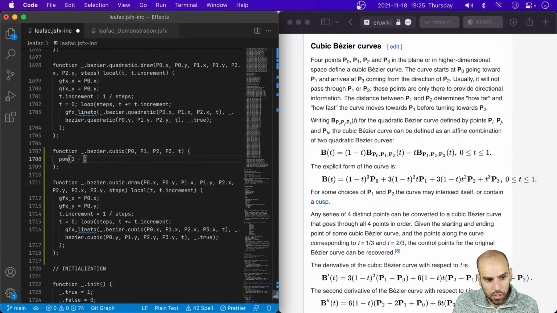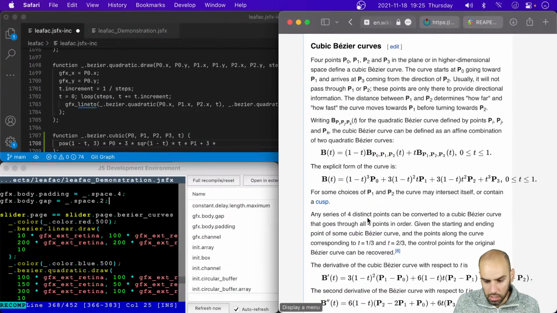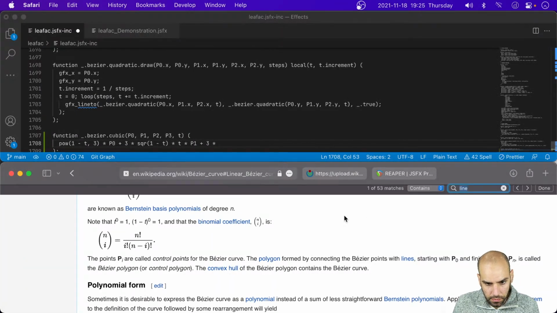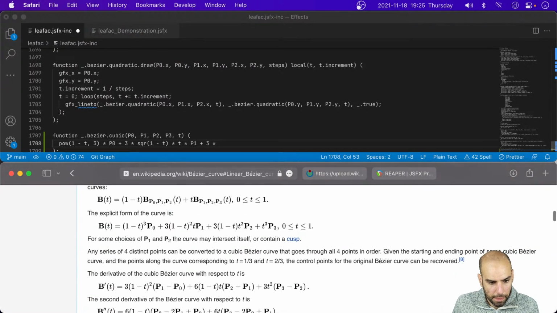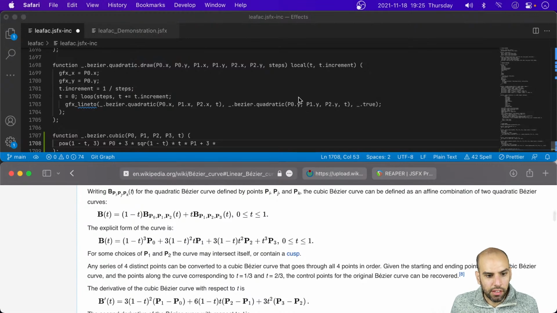Take the power of 1 minus t with exponent 3 times P0 plus 3 times 1 minus t squared times t times P1 plus 3 times, I think I need to make it like this, so that the whole thing fits on a screen.